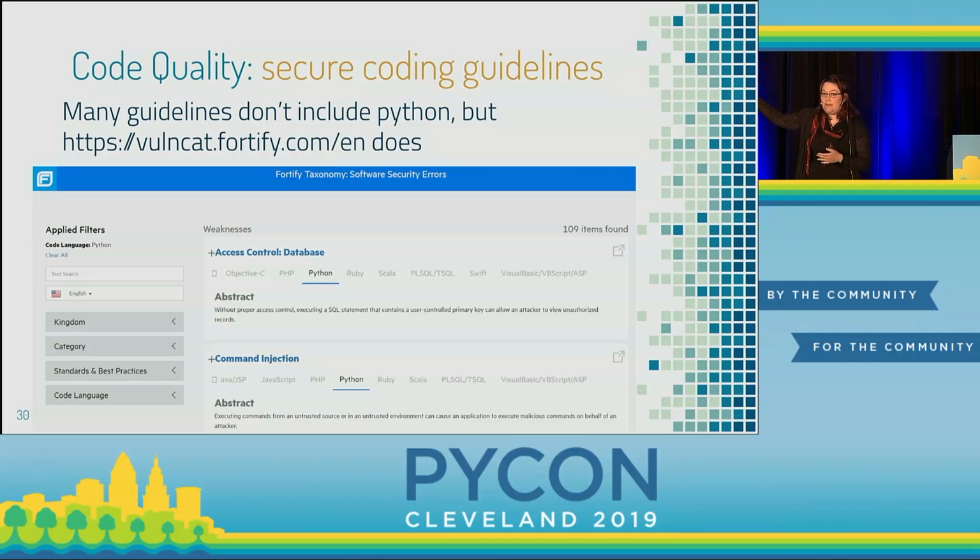I like this one when I'm giving it out to new teams that haven't done security work on Python before, because it does have, at the time I did the screenshot, I think it might have a couple more, Python examples for 109 different types of security issue and an explanation as to why. Fortify does a number of other tools and fuzzing and stuff, so they're very familiar and very knowledgeable. So this is a great one if you need a place to start.